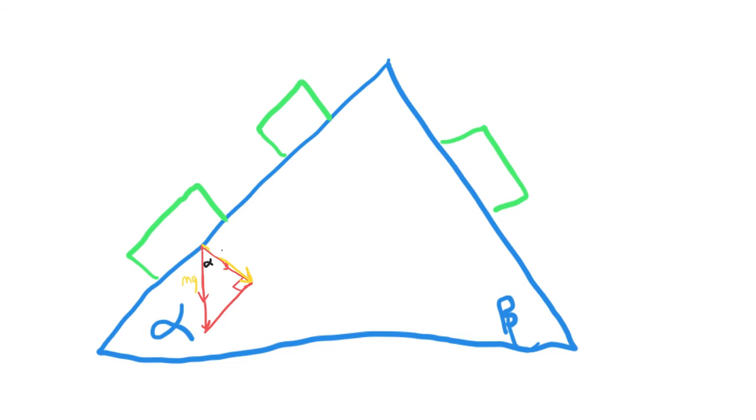So it's m3 times g, which is, by the way, 9.8, of cosine of alpha. Now, I think we can use the exact same reasoning. Let's just cut to the chase. This is going to be m2 times 9.8 times cosine beta.